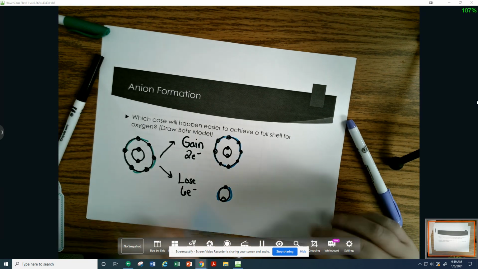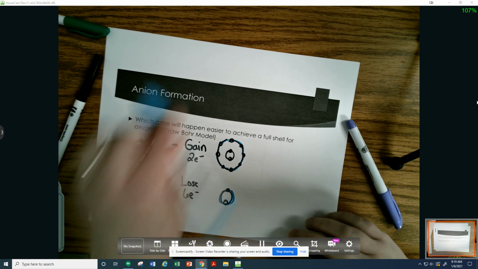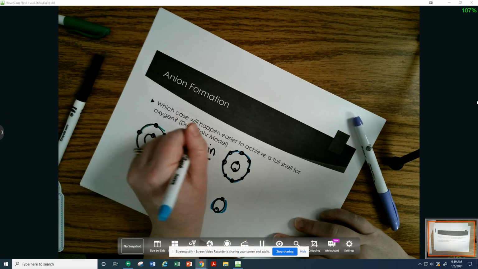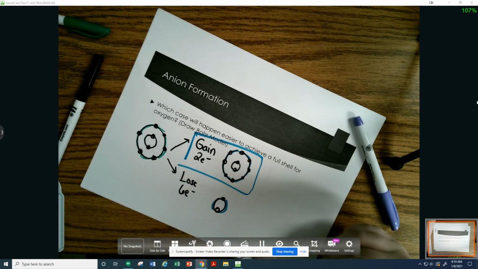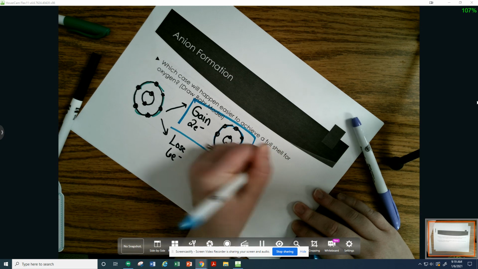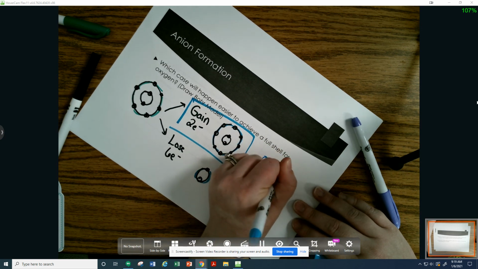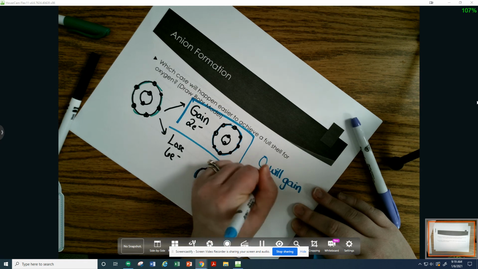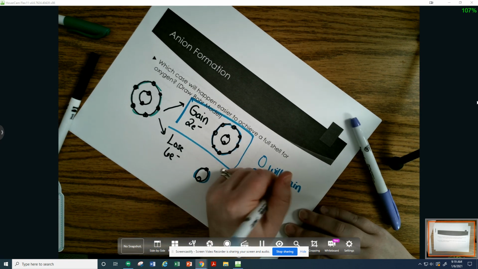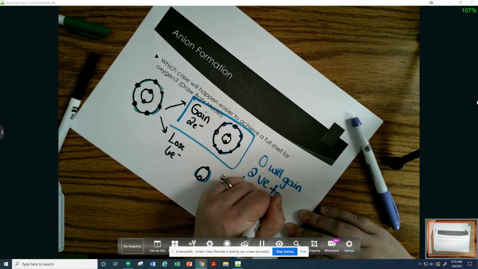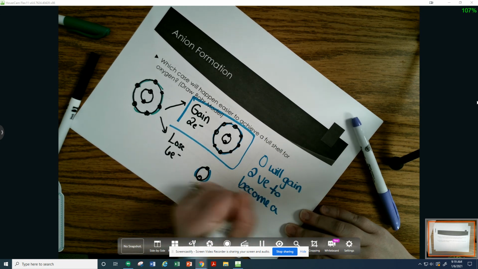So again, which pathway is going to be easier for oxygen here? It's easier to gain 2 electrons than it is to lose 6. So what's going to take place in this scenario is oxygen will gain 2 valence electrons to become a -2 anion.